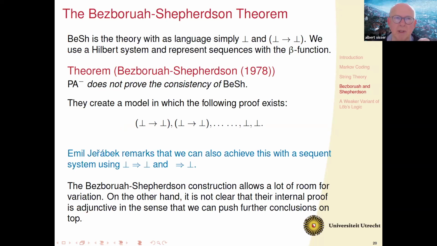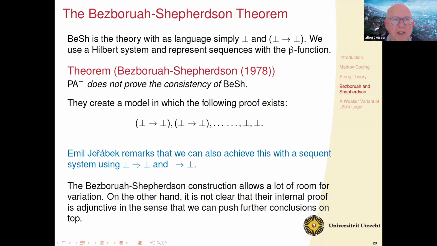So what is going on here? The paper by Bezboruah and Shepherdson is called the second incompleteness theorem for Q, but that's in some sense a completely misleading title, because they prove a much stronger result, and so the range of application is also much larger.